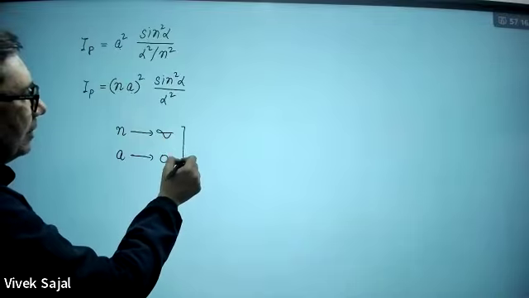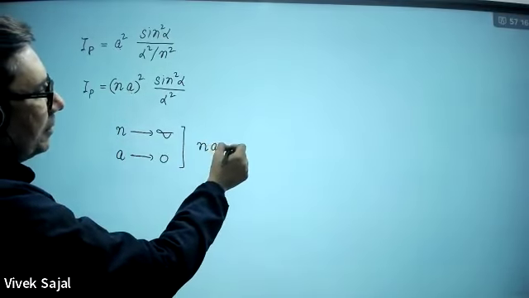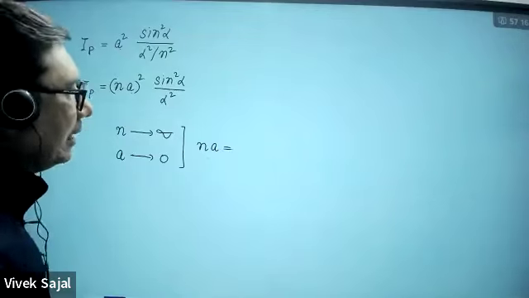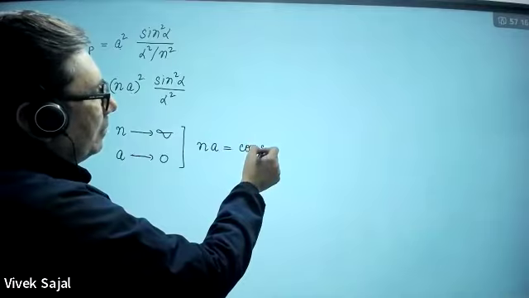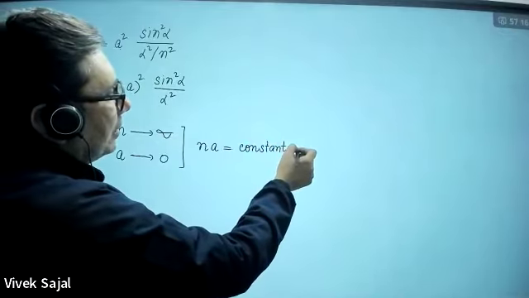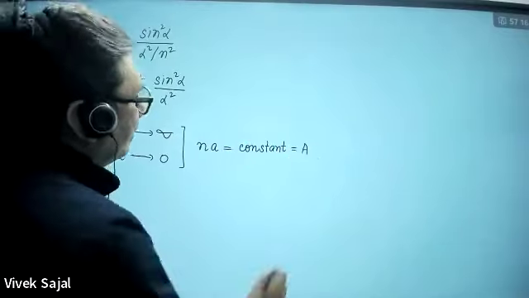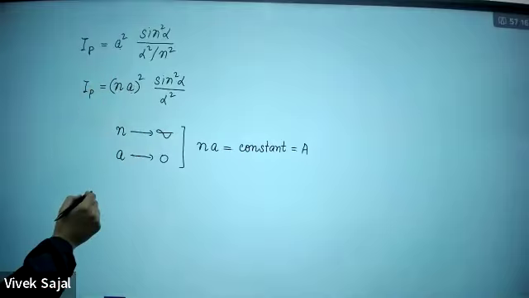When you multiply these types of quantities together, from a mathematical theorem, this nA will be equal to some constant. We consider this constant as A. Later on we can define A, but right now this will be A.